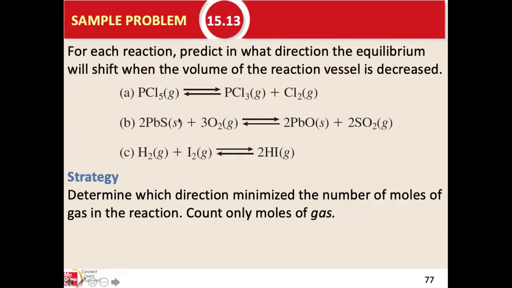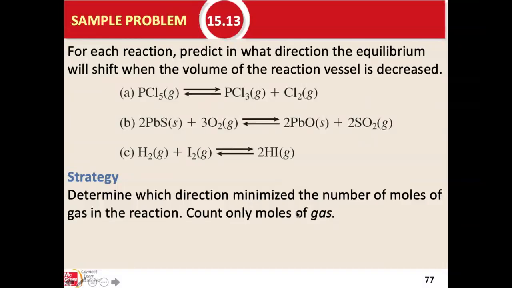In here, the solids are not part of the equation. The only parts of the equation are 3 oxygen gas and 2 SO2 gas. So we are decreasing the volume. The reaction has to proceed to the side with a fewer number of molecules. So you only count moles of gas.